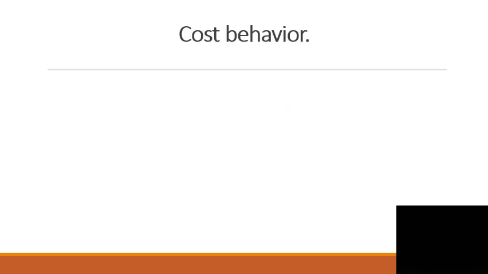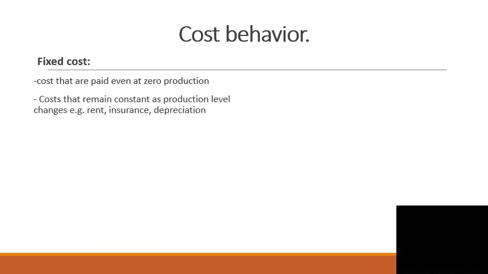Let us go to the first one on cost behavior. We have 2 main types of cost. We have fixed cost, we have variable cost. What is a fixed cost? We defined this concept last year: costs that are paid even at 0 production, or costs that remain constant as production changes.